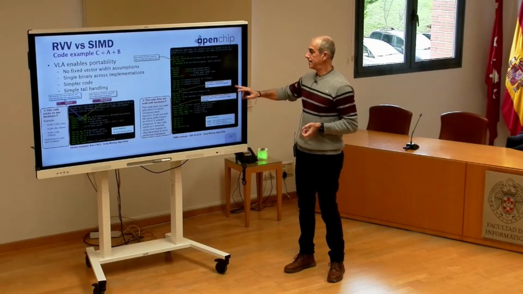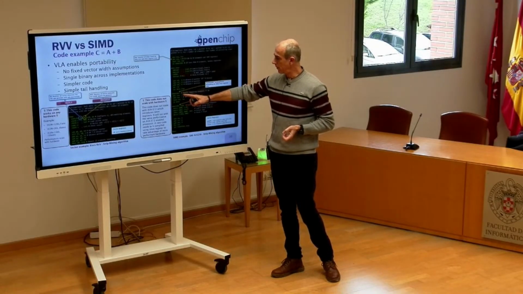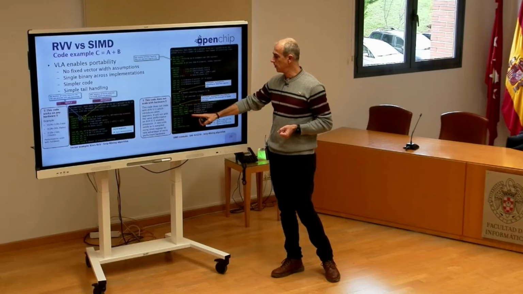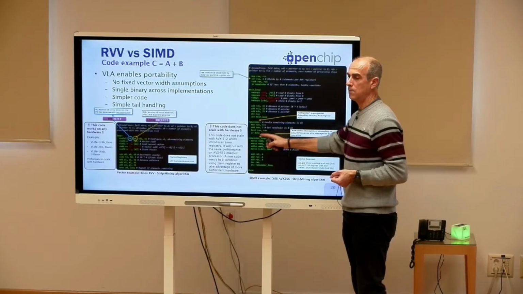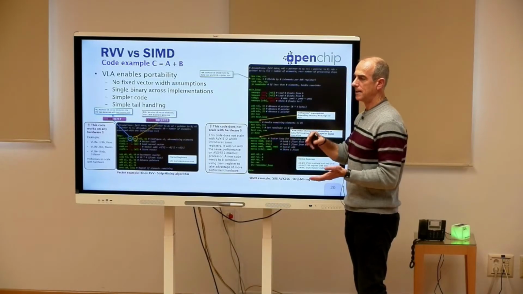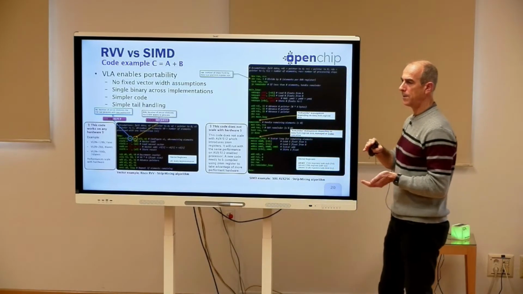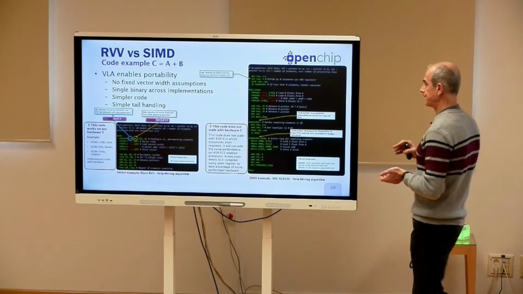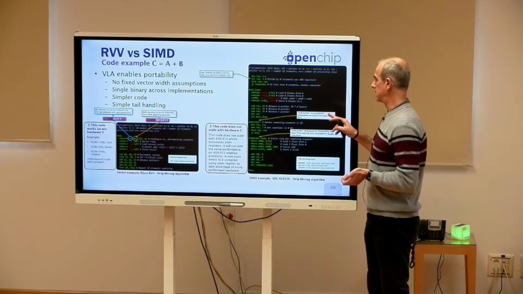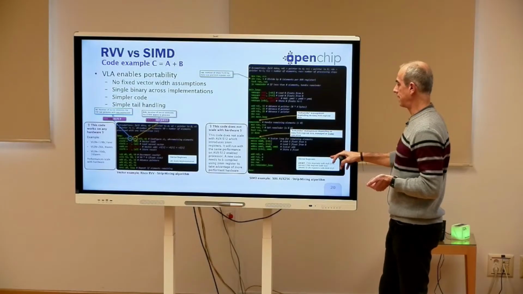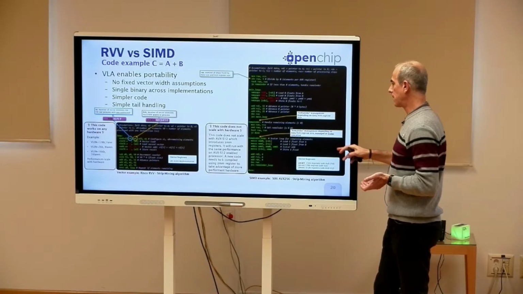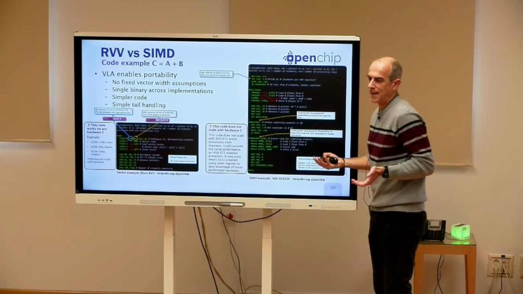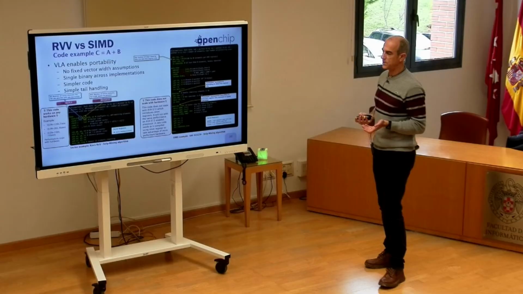And you see also here you have a remainder calculation, a remainder loop. And in the remainder loop, you cannot treat the tail of your operation with the SIMD 256 instruction anymore. You probably should go to scalar, using the scalar registers.